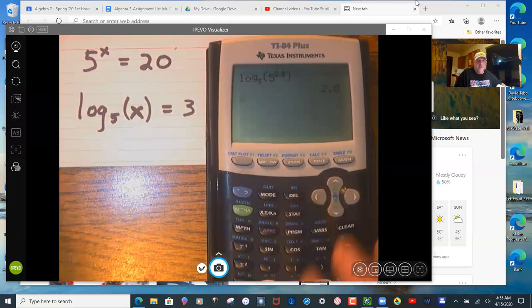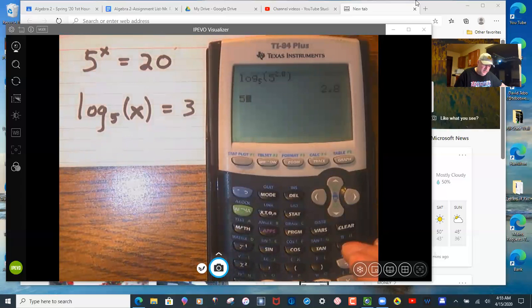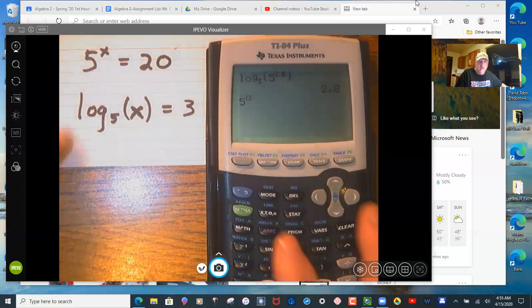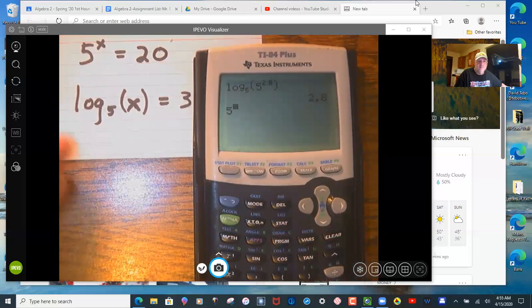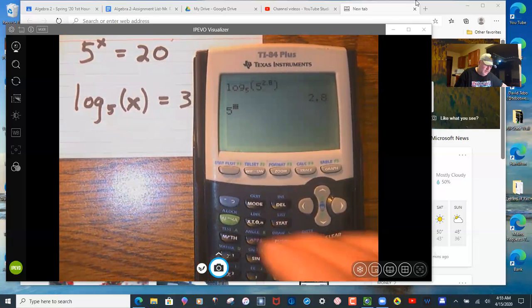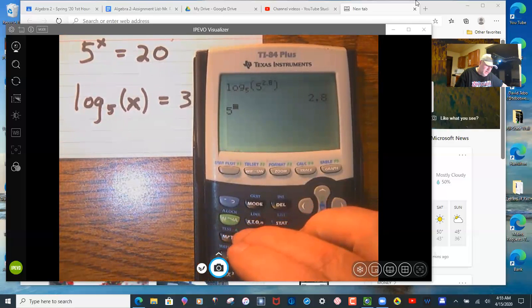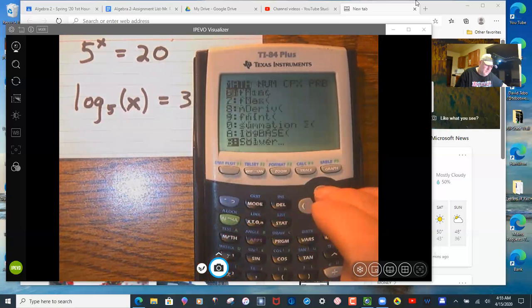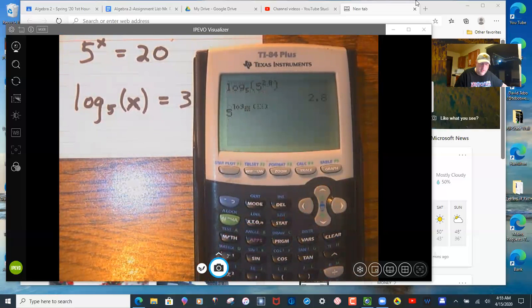When I say exponential, that means things are getting moved to the exponent position. So on this one, I'm going to type in 5 to the power of, okay, so how did I know that the base is 5? Because the base is 5. To the power of, and now I'm going to use my log base key here to demonstrate.